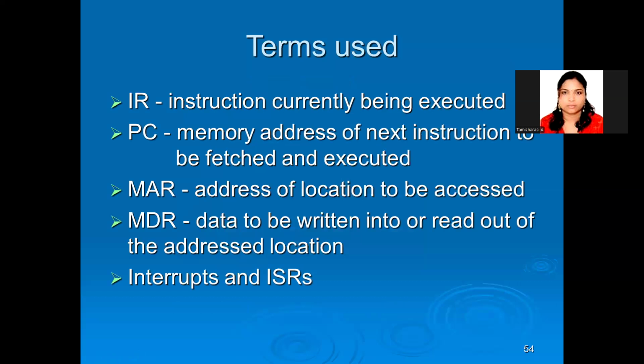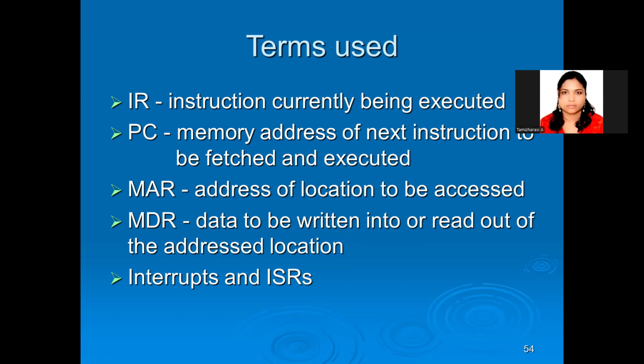The IR, instruction register, holds the instruction which is currently being executed, whereas the PC, program counter, has the memory address of the next instruction that has to be fetched and executed. So IR will have the currently executing instruction and PC will have the address of the next instruction to be fetched.